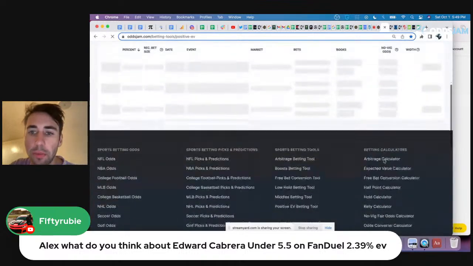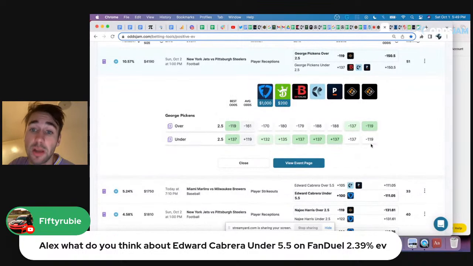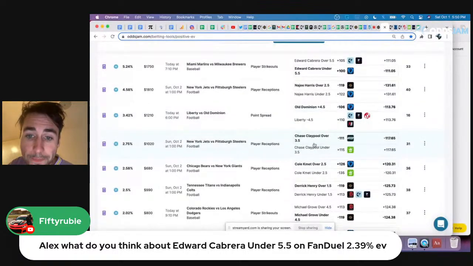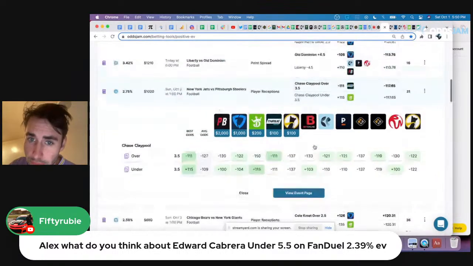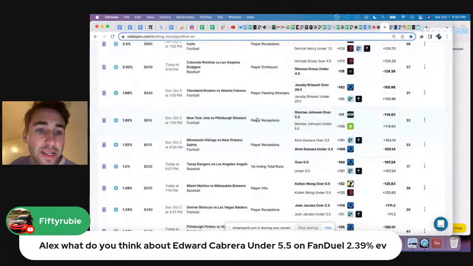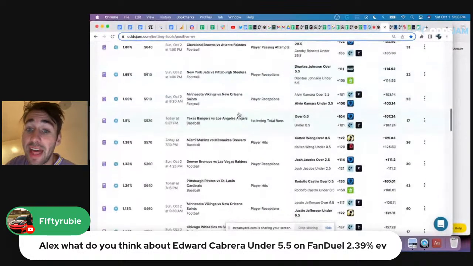So what else is available on Underdog or PrizePicks? This play looks great. George Pickens over 2.5 receptions. If you've got some stuff to pair it with on PrizePicks, looks great. You've got Chase Claypool over 3.5 receptions. That looks great on Thrive Fantasy. Deontay Johnson over 5.5, that I think I already bet.